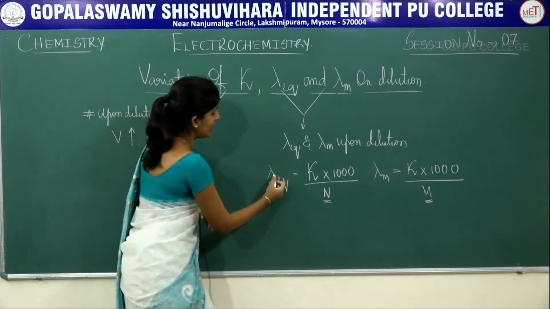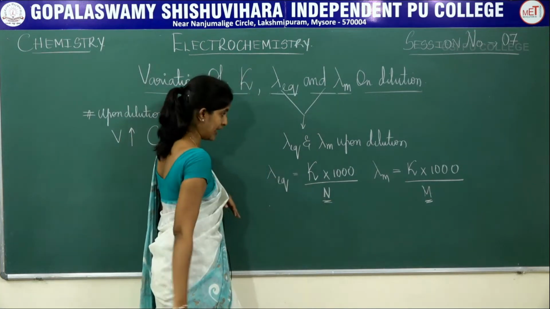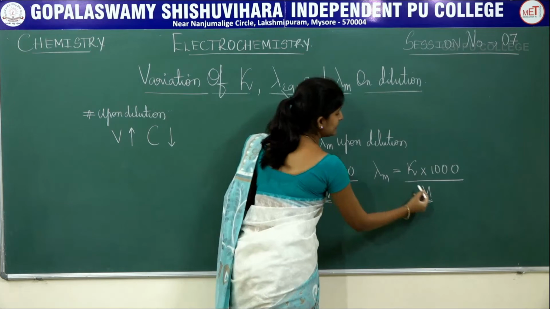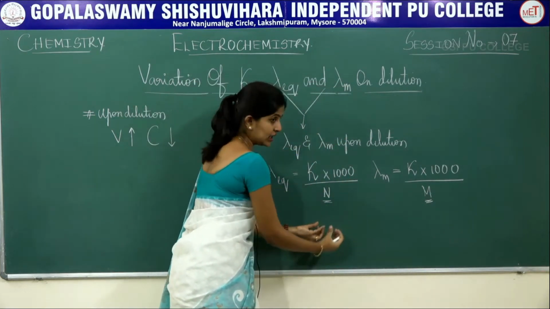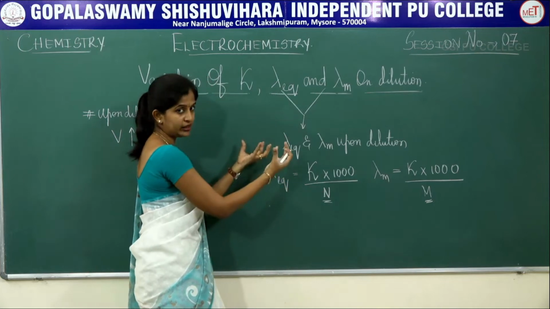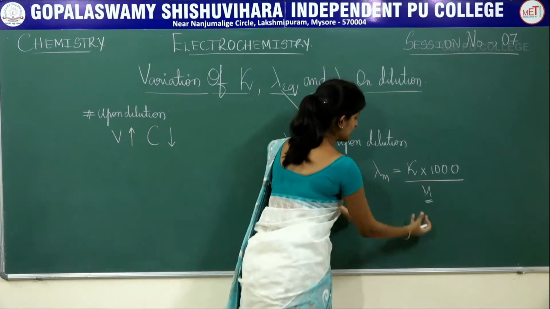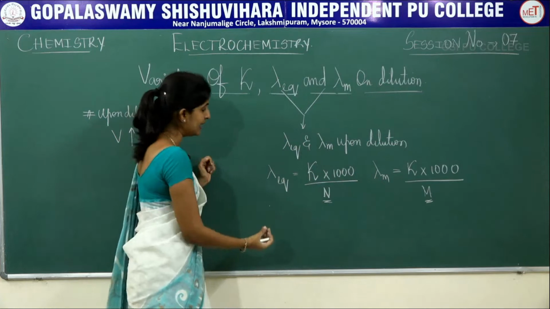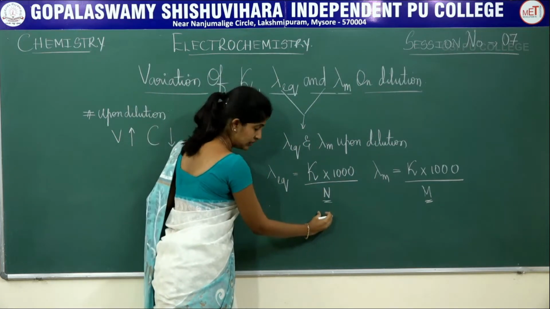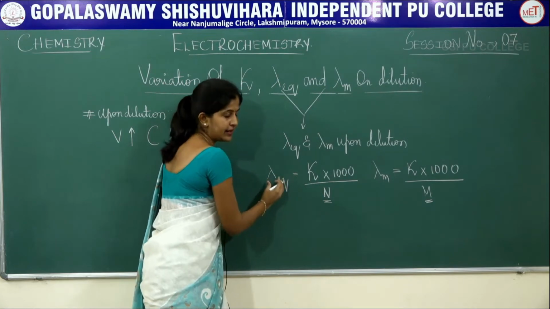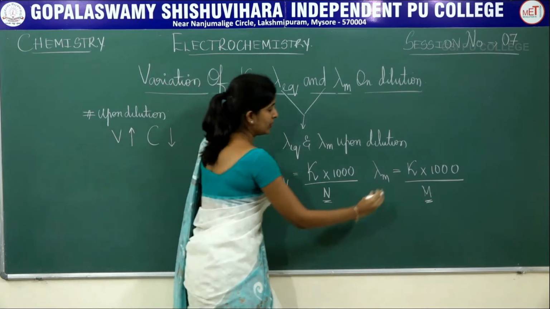You can observe that lambda EQ is inversely proportional to normality, lambda m is inversely proportional to molarity, which means that if the normality decreases, lambda EQ increases. If molarity decreases, lambda m increases, which means that upon dilution, the concentration decreases while your equivalent conductance will increase.